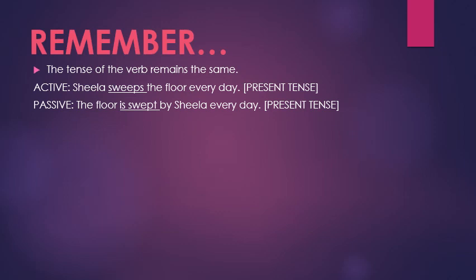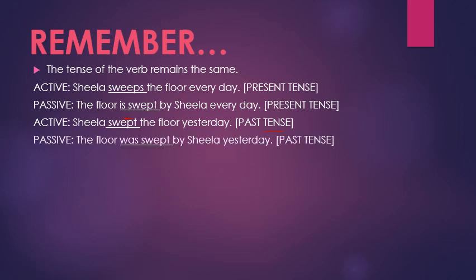See, here we are giving importance to the tense. Now, Sheila swept the floor yesterday. This sentence is in past tense. Passive voice will be the floor was swept by Sheila yesterday. So, we have to remember the tense of the verb will remain the same.